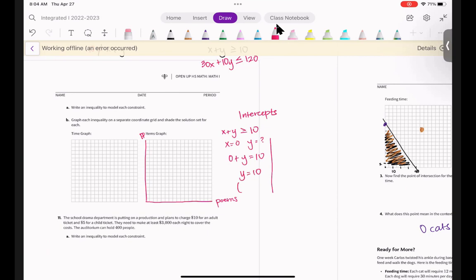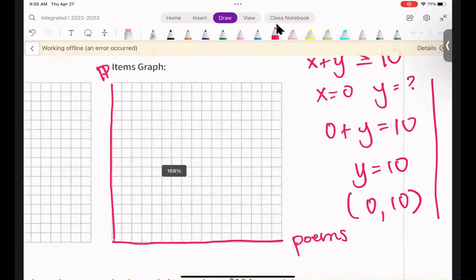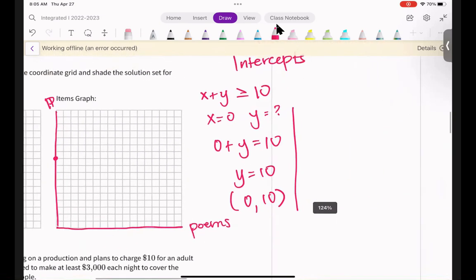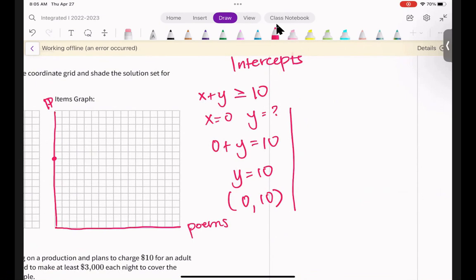So I'm going to graph this point, which is 0, 10. I go 0 and I go up 10: 2, 4, 6, 8, 10. So that's my point. Is everybody okay with that? Now I want you to switch it. Because I did x is equal to 0, I want you to say, what's x when y equals 0?